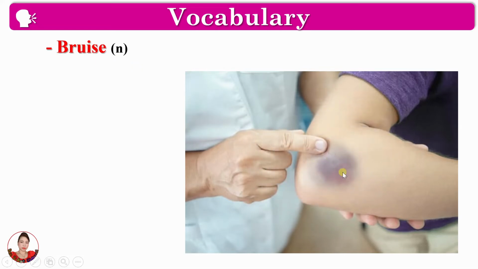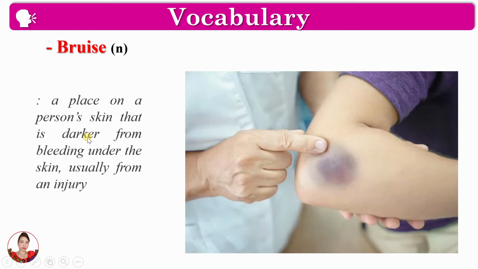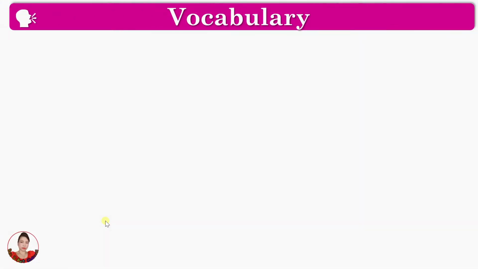Look at this. Bruise. A place on a person's skin that is darker from bleeding under the skin, usually from an injury. Sprain, both noun and verb.